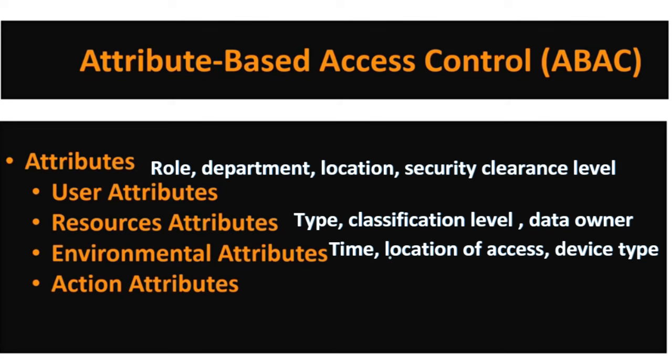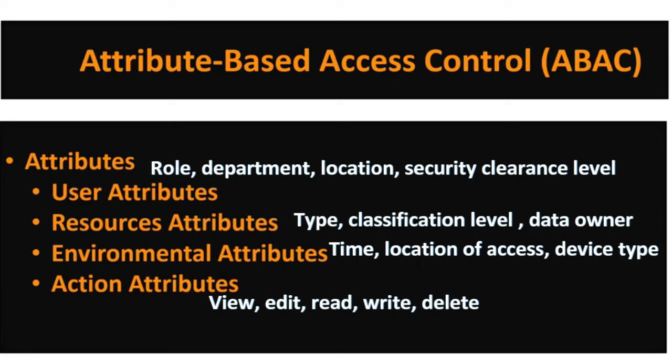Like for example, what time of the day it is, or location of access, like the access is from headquarters, or the device type, for example, a corporate laptop. Those fall under environmental attributes. The next one is the action attributes. This is the type of action that is requested. Like for example, view, edit, read, write, or delete.